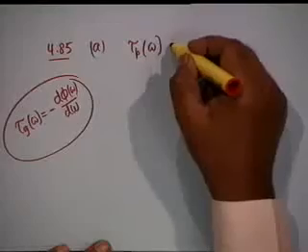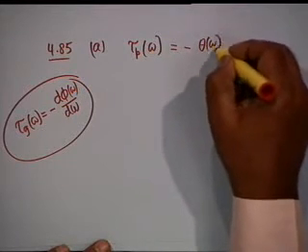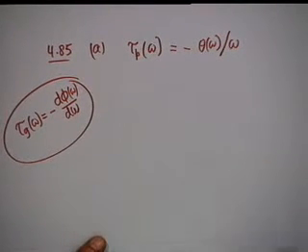But phase delay tau p of omega, which is defined as minus theta of omega over omega, is also important in some cases, particularly when you are not concerned with a band of frequencies.